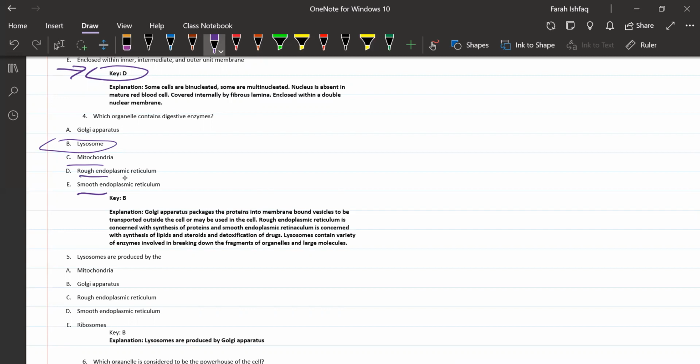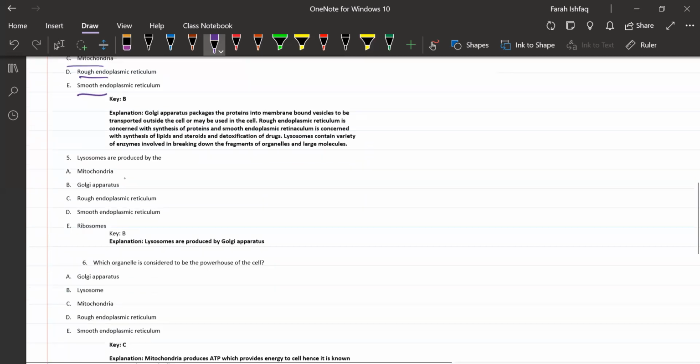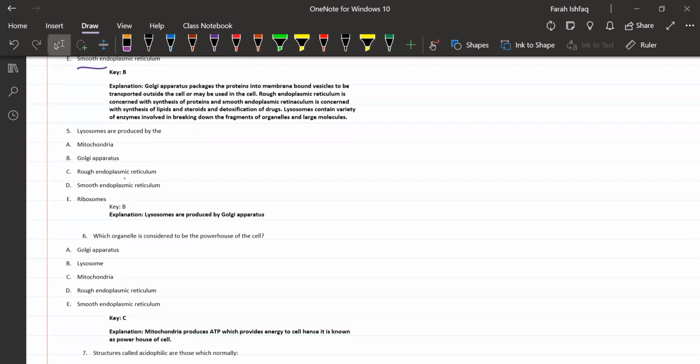The organelle of the cell which contains the digestive enzymes, lysosomes, are produced by the mitochondria, Golgi apparatus, rough endoplasmic reticulum, smooth endoplasmic reticulum, or ribosomes.